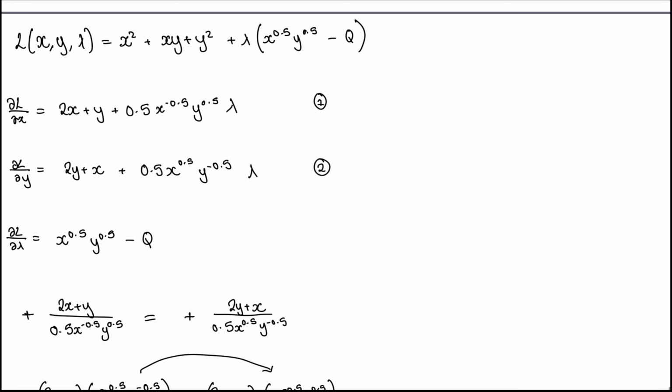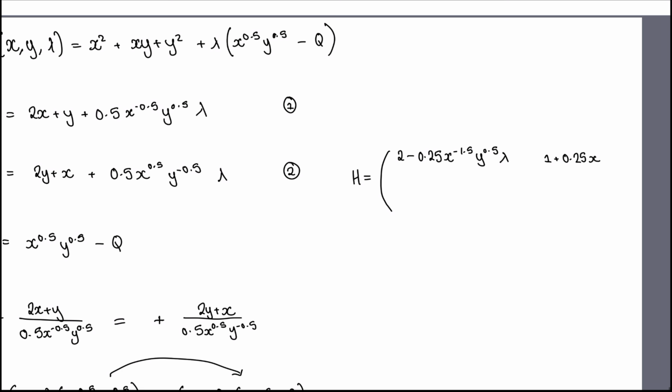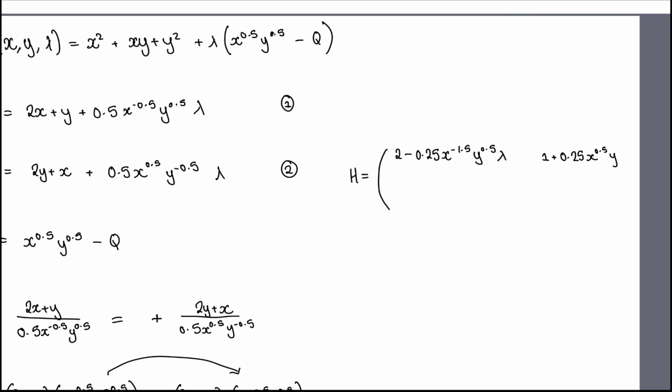If we now work out the Hessian, we get 2 minus 0.25 x to the power of minus 1.5 y to the power of 0.5 lambda. Over here we get 1 plus 0.25 x to the power of 0.5 y to the power of minus 0.5 lambda.